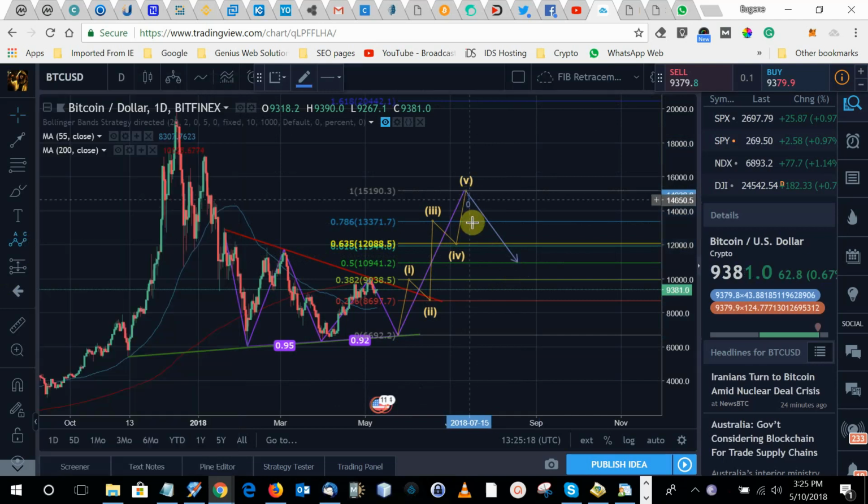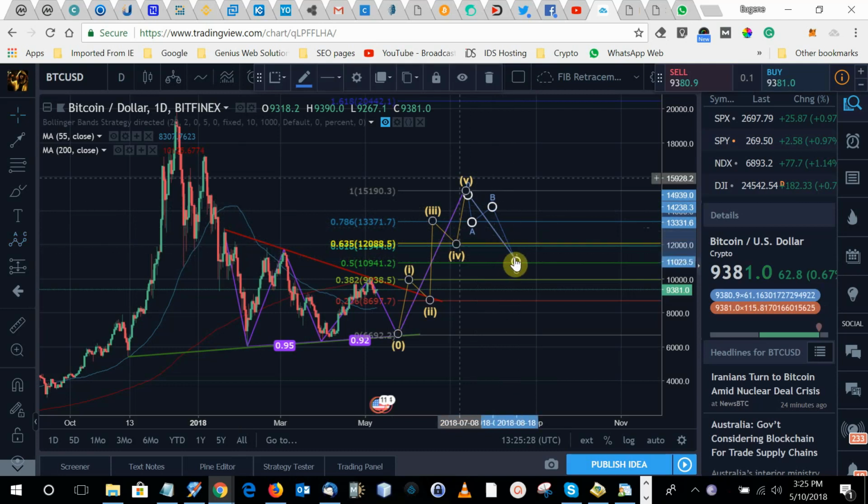Well, if we go grab a correction wave, we have our 1 taking us to the 786, back up for a slight little bounce, and then down to the 50. Yes, this might all move out a little bit further along over here, but this is a potential roadmap of where BTC could be going.